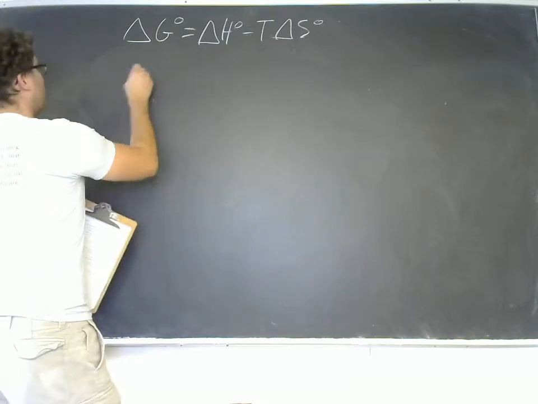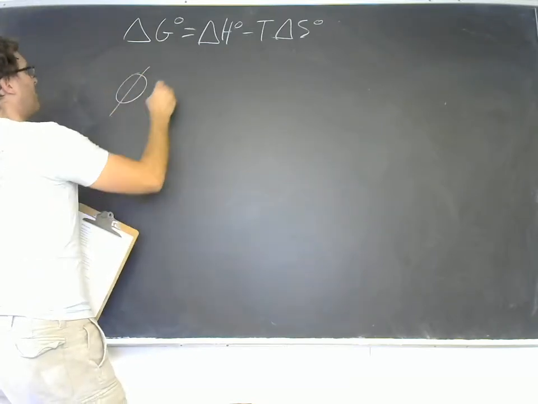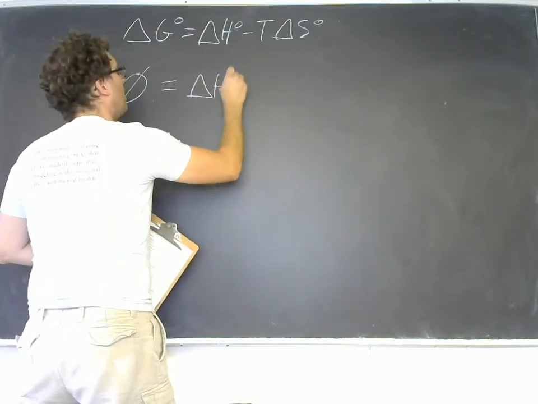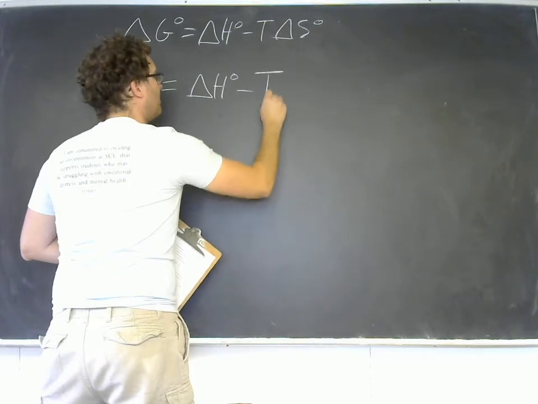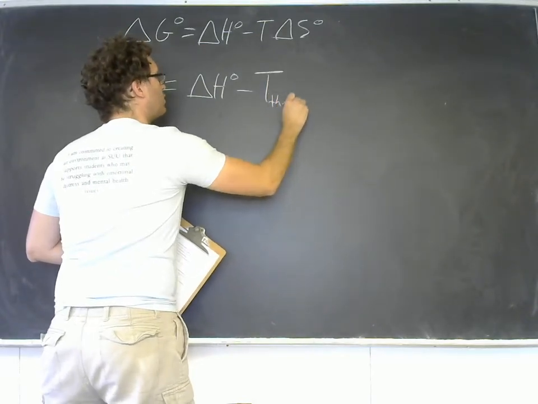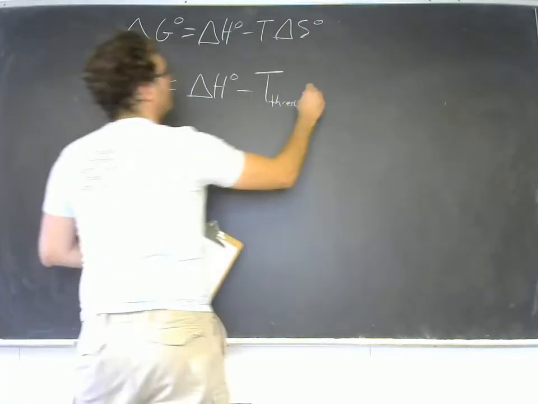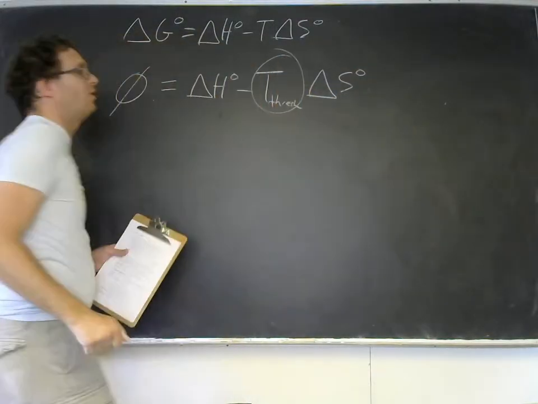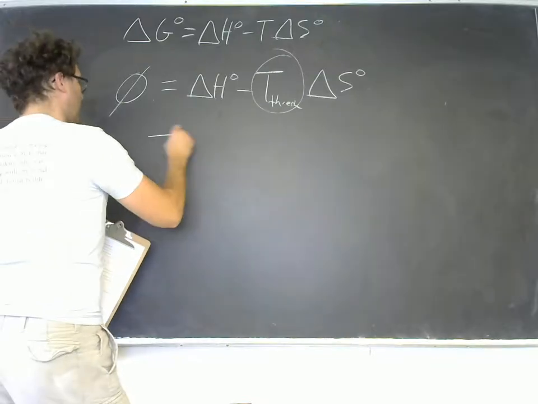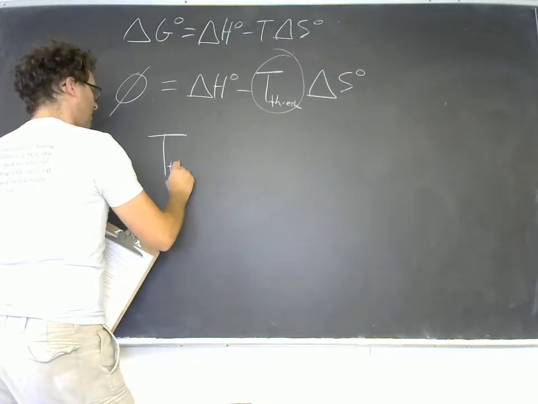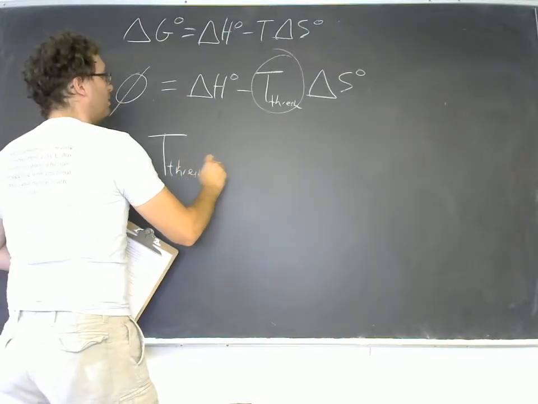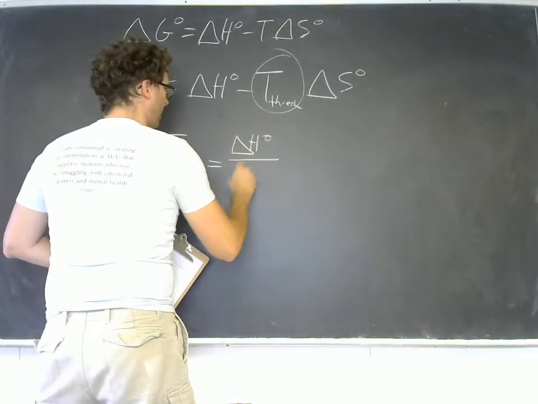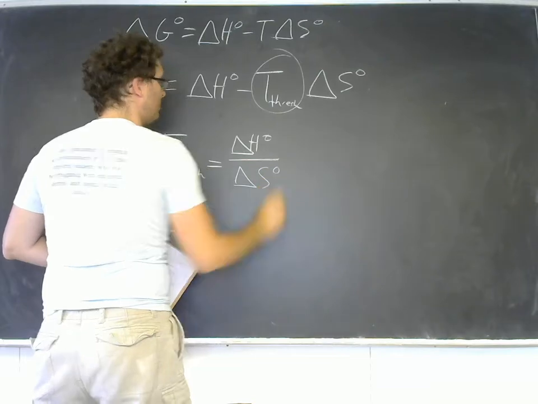So if I solve for that state, if I say delta G naught is equal to 0 at the threshold temperature, and solve for that threshold temperature, what I find is that T threshold is going to equal delta H naught divided by delta S naught.